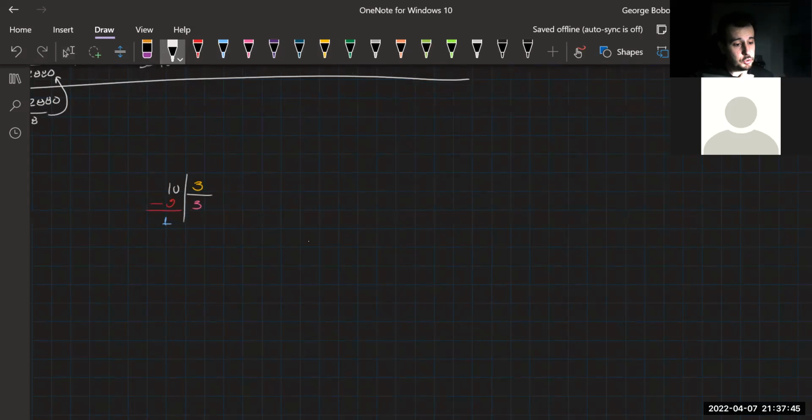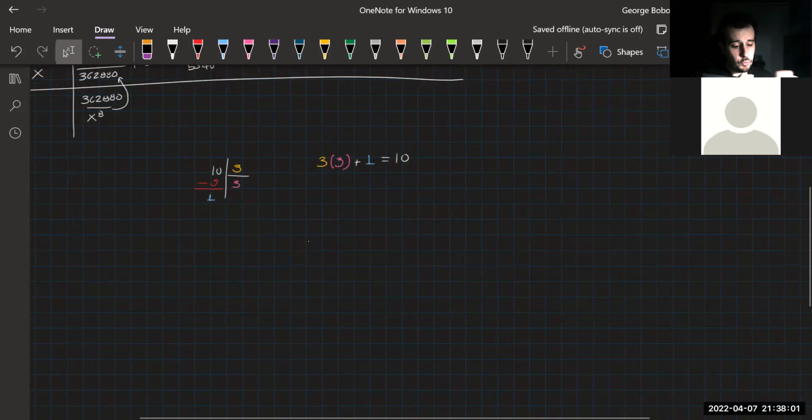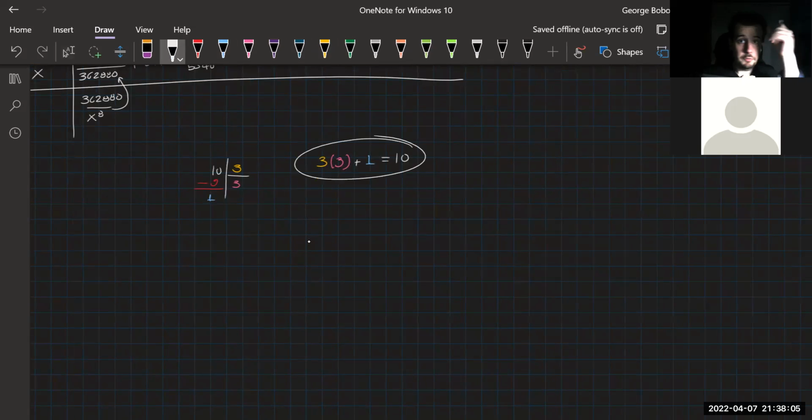Essentially, this 3 times that 3 plus the remainder should give you the dividend, the number that's being divided. So in essence, I use this whenever I do long division to remember what I do with the remainder. I always add it, right?